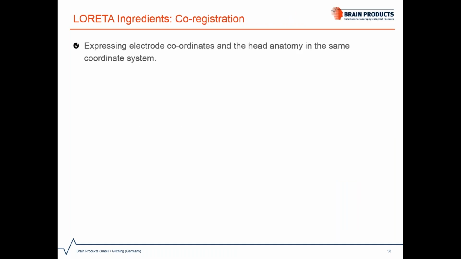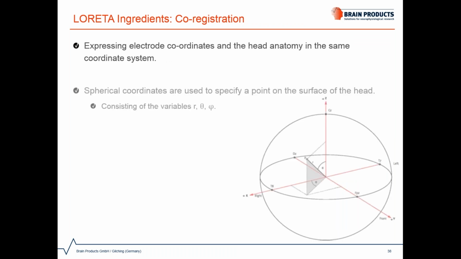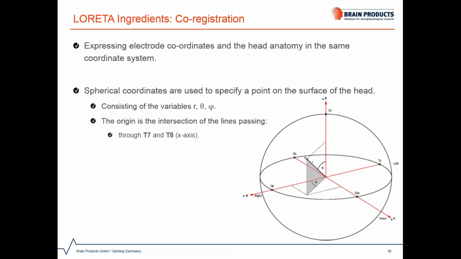The last step is to co-register the electrode coordinates to that of the head anatomy. In Analyzer, electrode coordinates are expressed in spherical coordinates. That is, the position of an electrode is specified by its radius r, elevation angle theta, and azimuth angle phi. In Analyzer, we use the right-hand rule convention for representing the x, y, and z planes. The positive x-axis points towards the right ear. The positive y-axis points towards the nose.